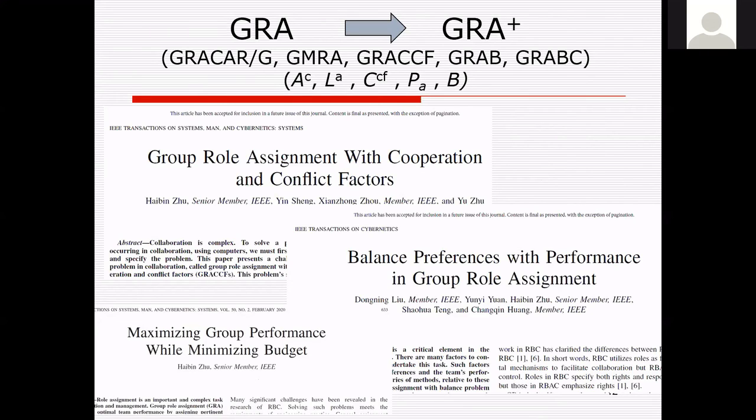Many people may work together with better efficiency, not conflicts that bring the work down, but cooperation that brings the work up. So we introduce CCF, cooperation conflict factors, which is a new problem. Another one is that we may introduce preference. This preference PA is introduced for the manager's preference for agents.